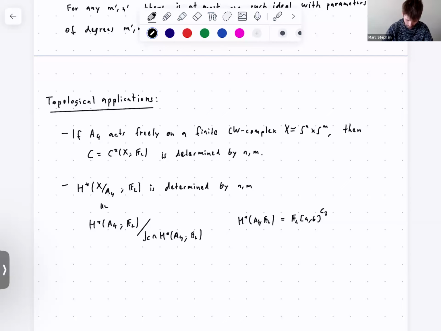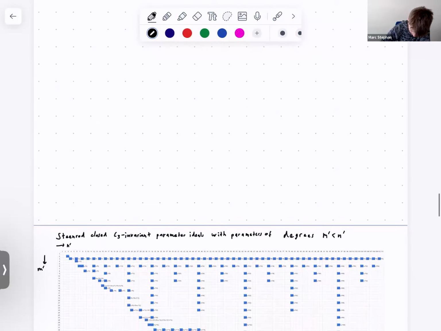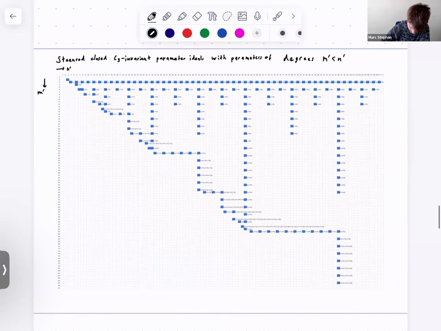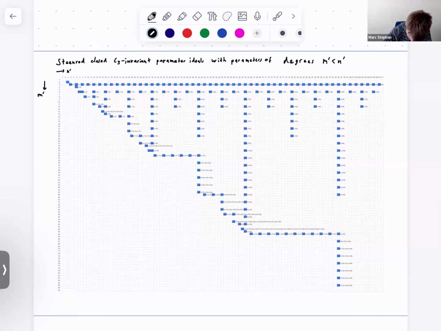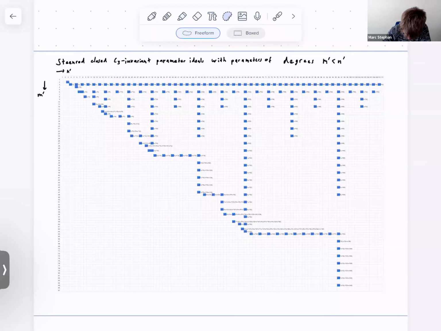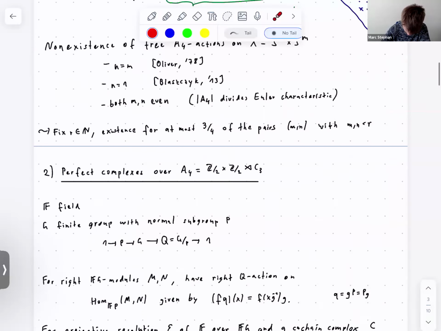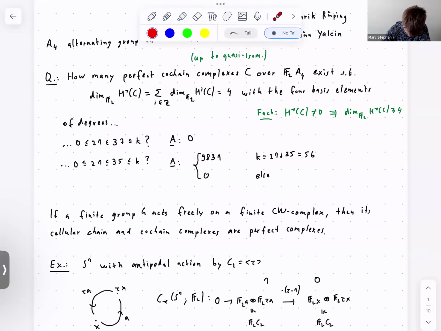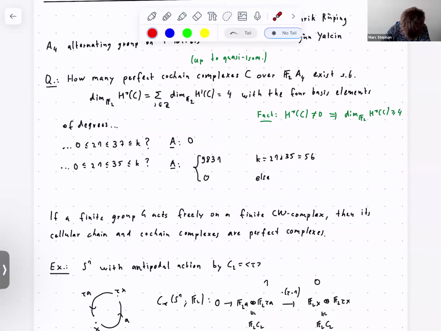Okay. And let's have an overview maybe on which degrees can appear as parameters. So this looks as follows. Here I'm only looking at parameters where n prime is bigger than m prime. And in the beginning, we had this question, oh, is any of these 9,831s realizable?